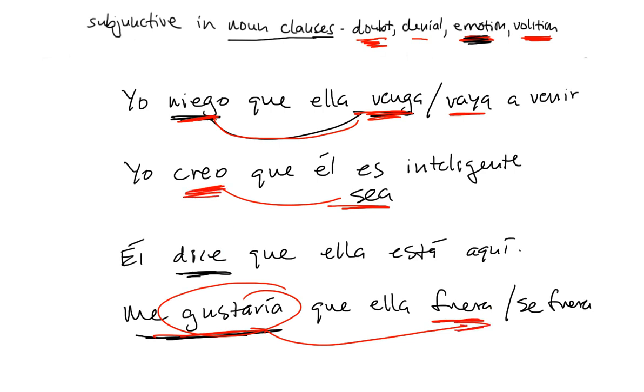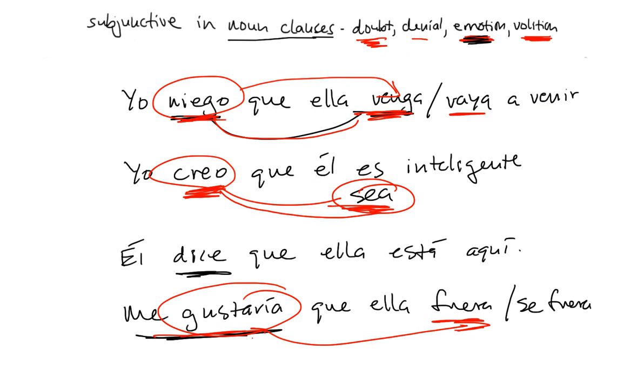Okay, here we have yo creo. With certainty would be es. With uncertainty would be sea, and it would be present subjunctive because we have present in the principal clause. Yo niego, present tense, leads to present subjunctive. Okay? Past in the principal clause will lead to past subjunctive in the subordinate clause.